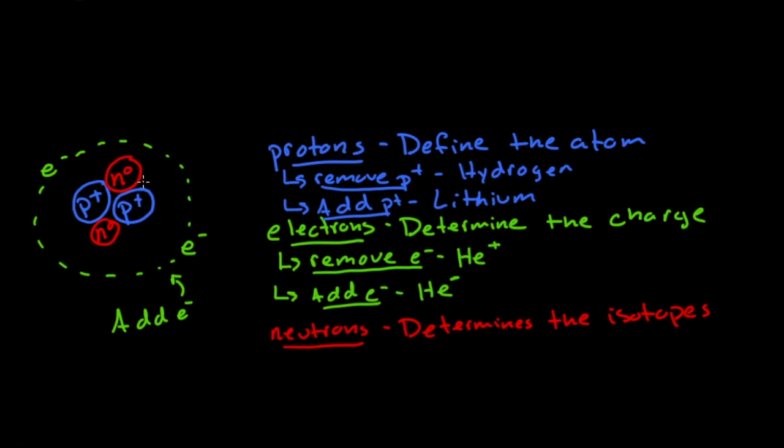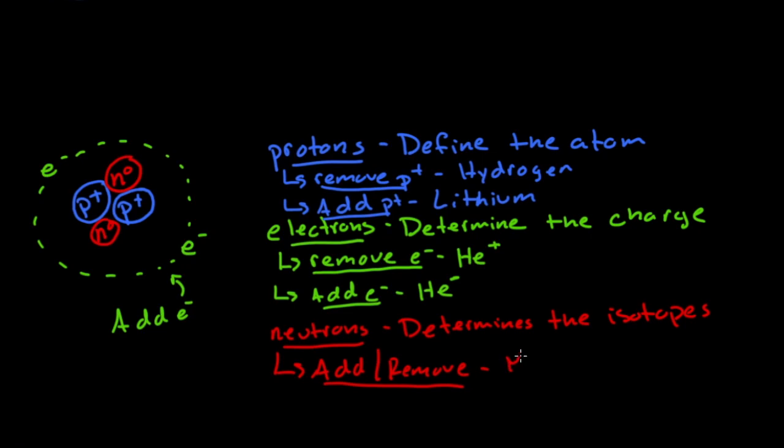And so if I add or remove a neutron, it's not going to change the element, because the element will still have the same number of protons. But what this does do is it changes the atomic mass of that atom. So we'll say that if we add or remove a neutron, it will change something called the mass number.